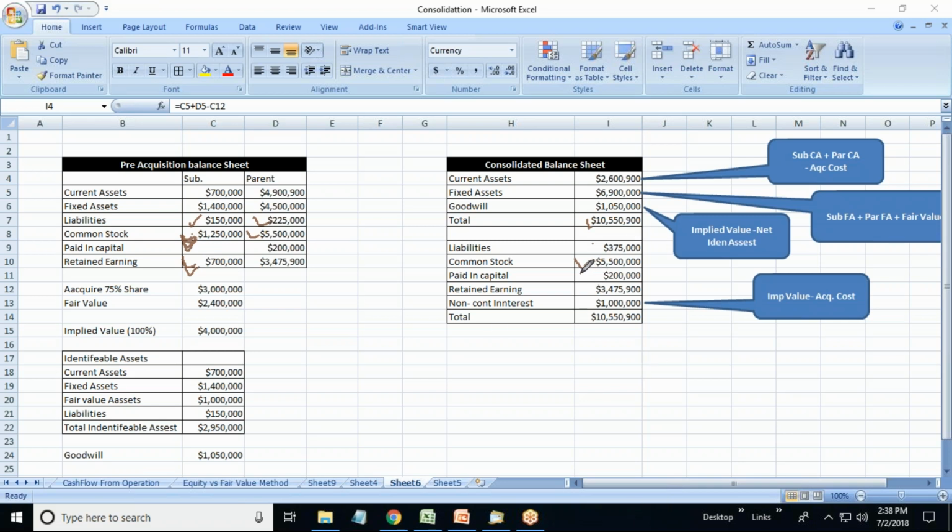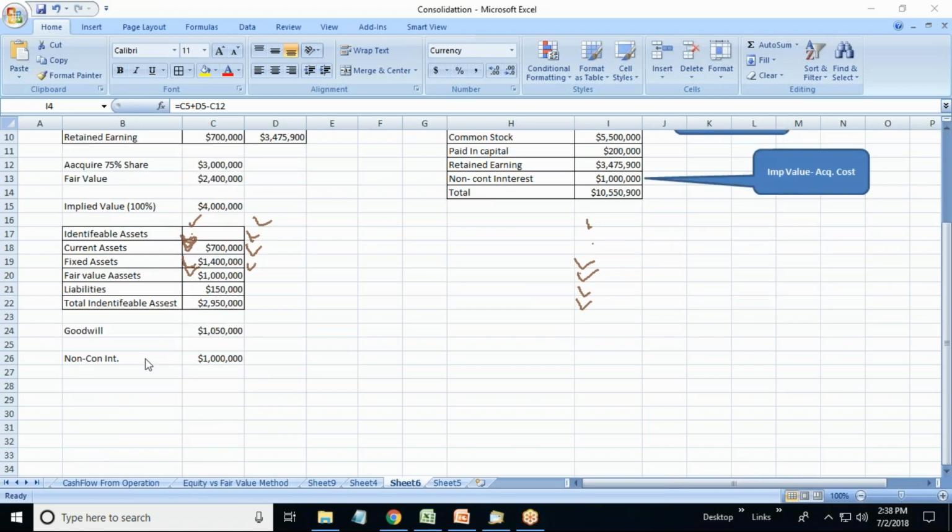We add the common stock along with paid-up capital, which is only the parent's, and the parent's retained earnings, giving 3,475,000. Now the non-controlling interest account comes into the picture: the non-controlling interest is 1 million, which we already calculated. We can also calculate it as the implied value minus the acquisition cost.